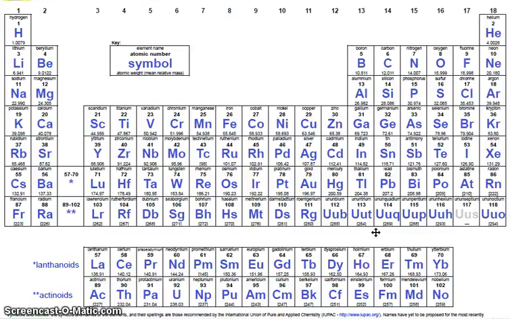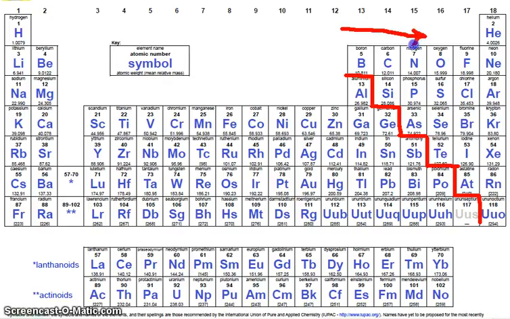Looking at your periodic table, things that we want to know. You probably want to print off a copy of this periodic table, and you probably want to draw things in with me. The first thing that we are going to draw in is the stair-step line. The stair-step line divides the metals on the periodic table from the non-metals. And it's called the stair-step line because when I draw that line in, it looks kind of like a stair-step.